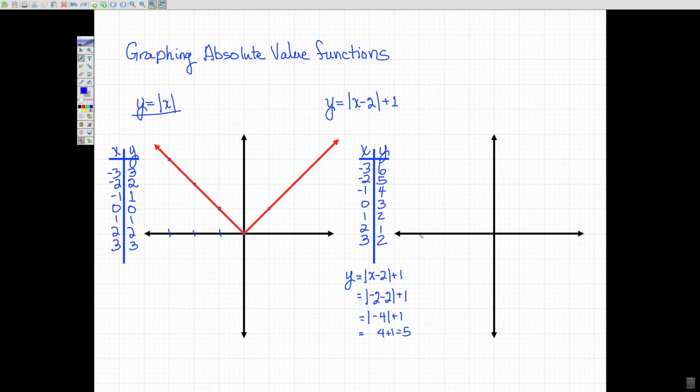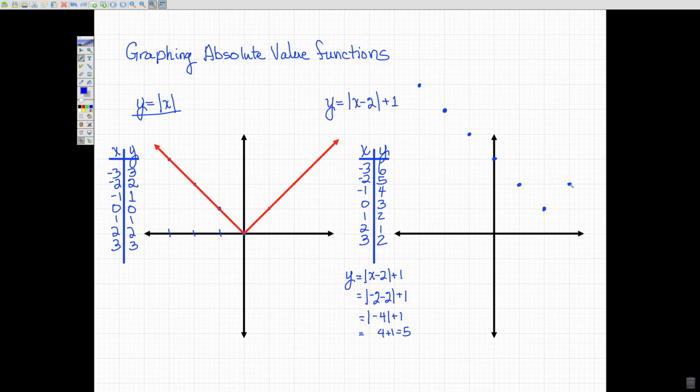So negative 3, 6, that's 1, 2, 3, 4, 5, 6, okay. And then negative 2, 5; negative 1, 4; 0, 3; 1, 2; 2, 1; and then 3, 2.